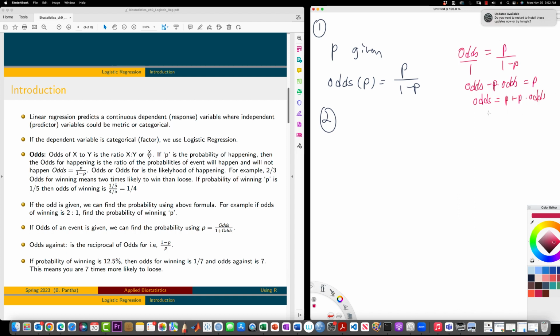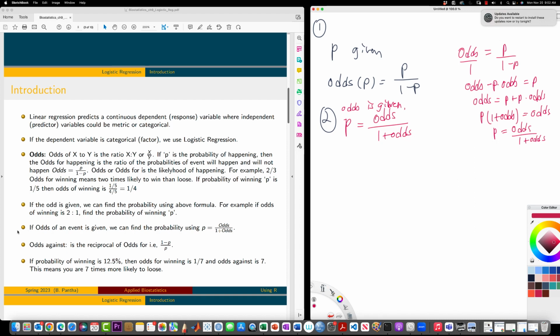So factor out P, you get P times 1 plus odds equals odds. So P equals odds over 1 plus odds. Meaning that if the odds are given, then we can find the probability using this formula.